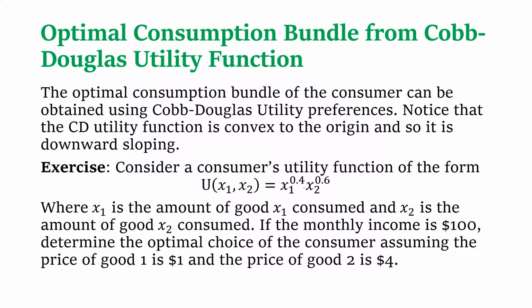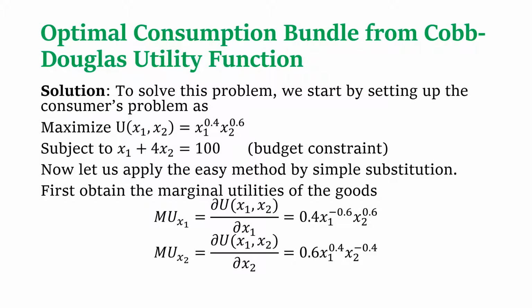Now, let's go ahead and set up the consumer's optimizing problem. To solve this problem, we start by setting up the consumer's problem as: maximize utility u of x1, x2 equals x1 to the 0.4, x2 to the 0.6, subject to x1 plus 4x2 equals 100.